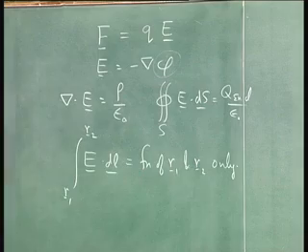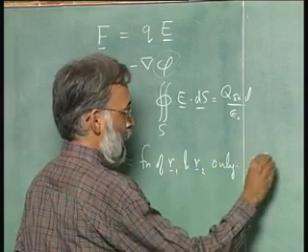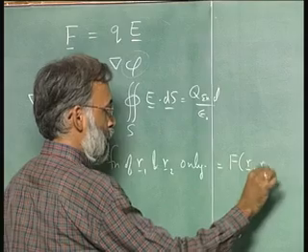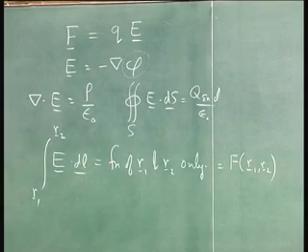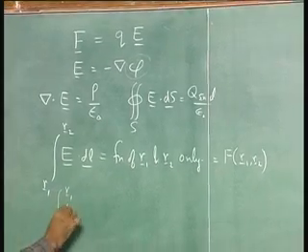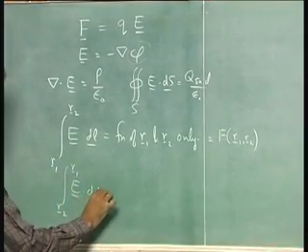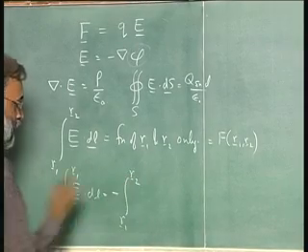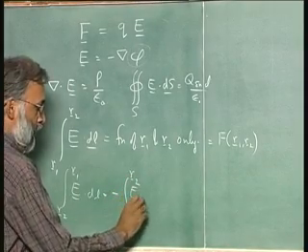So, it was some function, call it f of r1 comma r2. So, you could then do integral r2 to r1 E dot dl, which was nothing but minus r1 to r2 along the same route E dot dl.